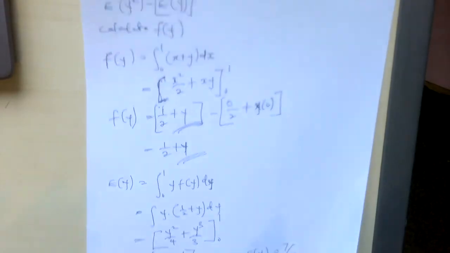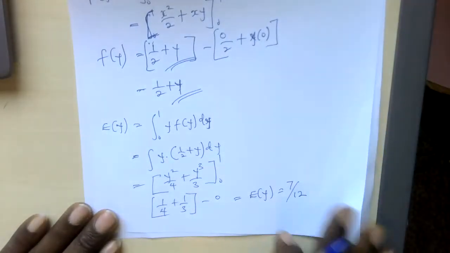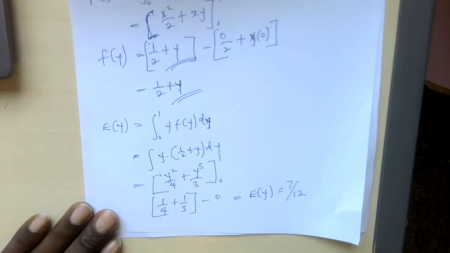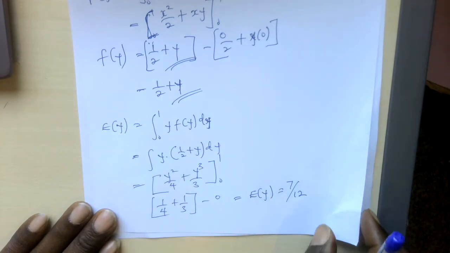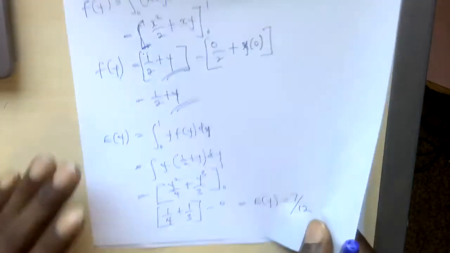So having done that, we know E of y gives us 7/12. So now let's go for E of y squared. Just a new sheet here.